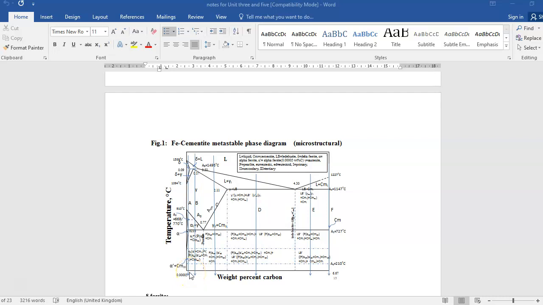So this loop is done. Now we join the 1539 to the point 0.55, join 0.55 with 4.3, draw the straight line till 5, and then draw the dotted line.